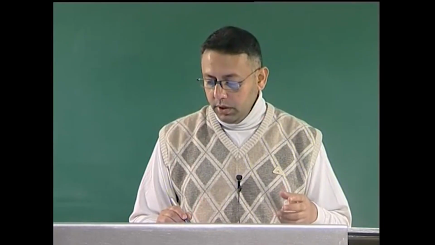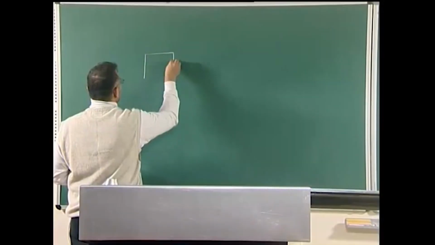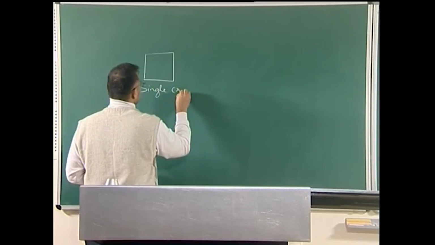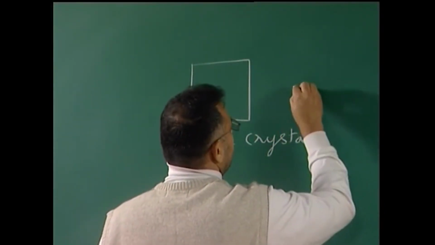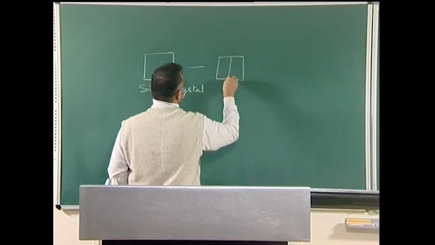Of course, as I pointed out, instead of starting with dividing the particle itself, I could actually talk about starting with a single grain material. This is a single crystal, and I can visualize this being divided at each stage into a number of grains. So, this could be, for instance, into 2 grains.